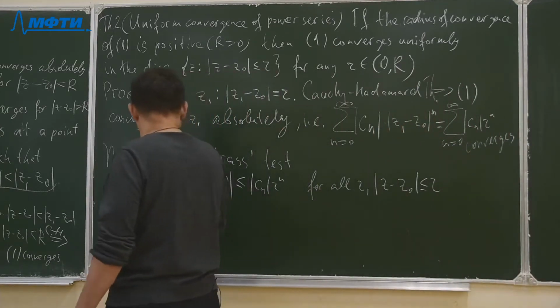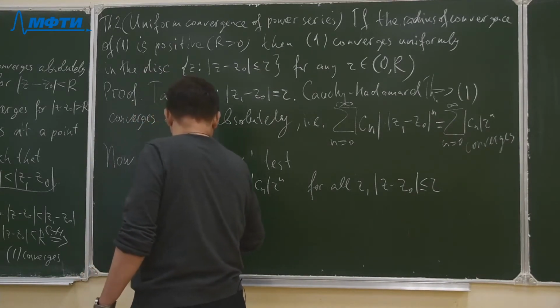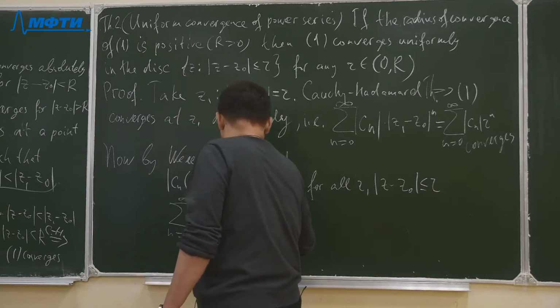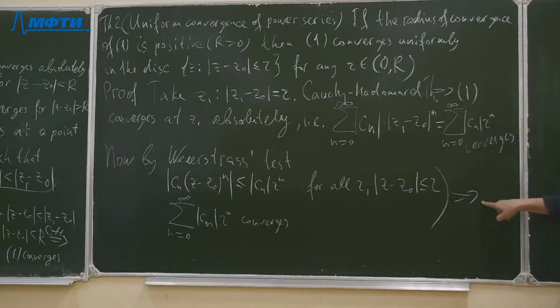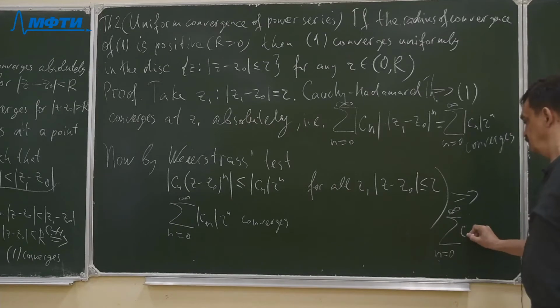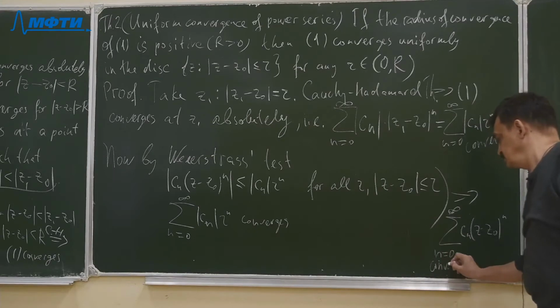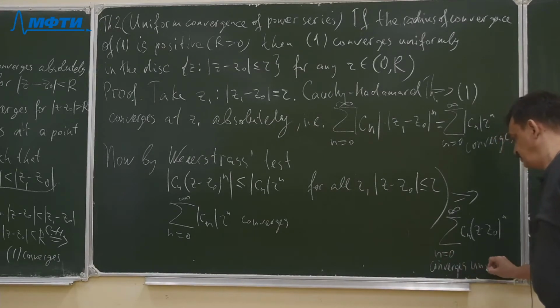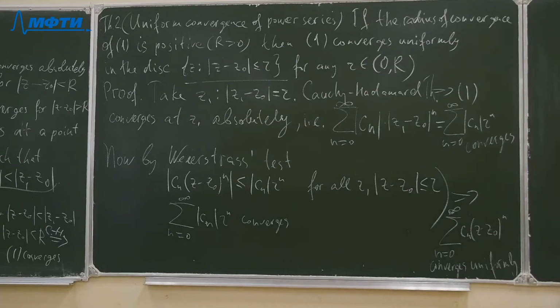And the series converges. So by the Weierstrass test, we deduce that our series (1) converges uniformly in this disk, right? And that's all.